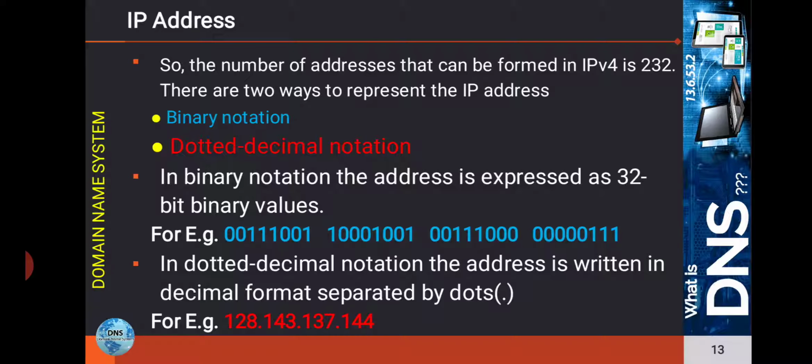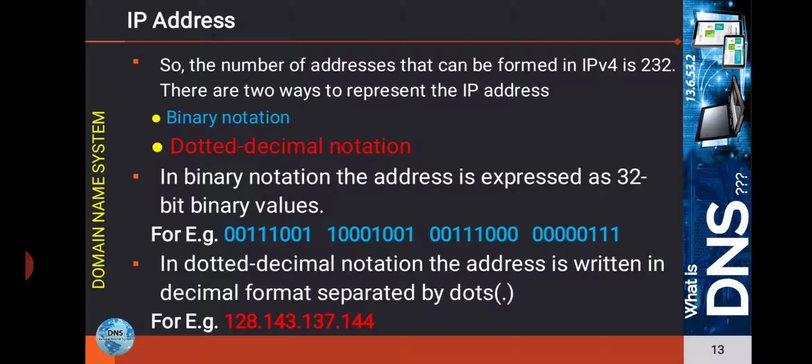For example, 001110001 and 10001001. This is just an example, you can write any values. So this is the binary notation. And dotted decimal notation means here we separate the decimal format by dots. In dotted decimal notation, the address is written in decimal format, separated by dots. For example, 128.143.137.144.